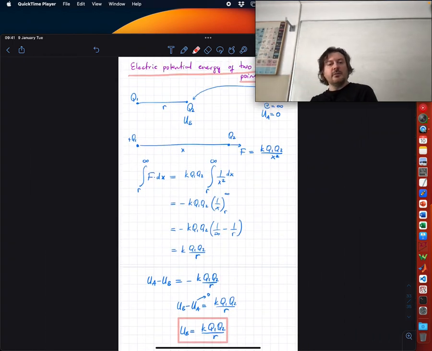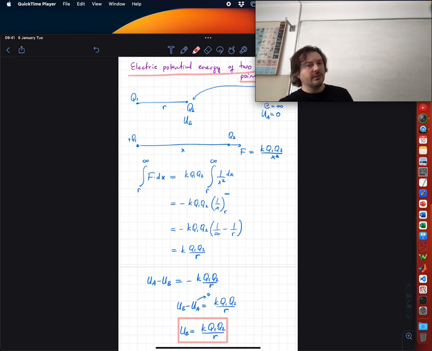Any questions related to these ideas? Comments, questions? Did you get it? You know this from high school, right? When you have two charges, that's the potential energy.